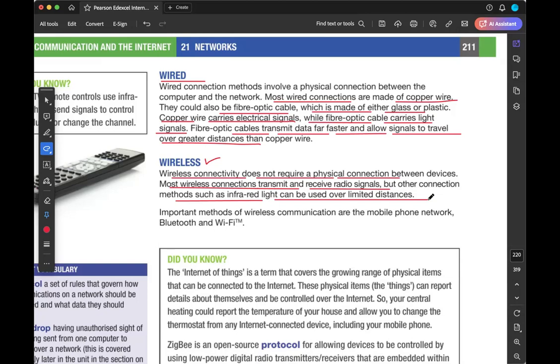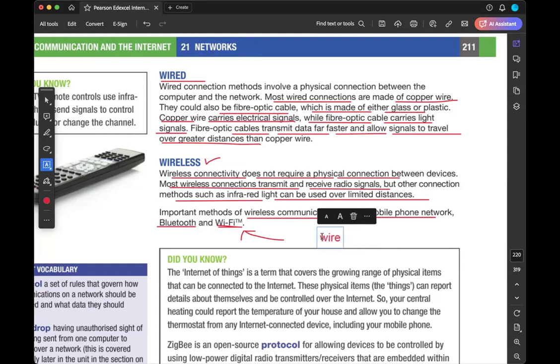The most important methods of wireless communication are the mobile phone network, Bluetooth, and most importantly, Wi-Fi. What is the full form of Wi-Fi? It's wireless fidelity.